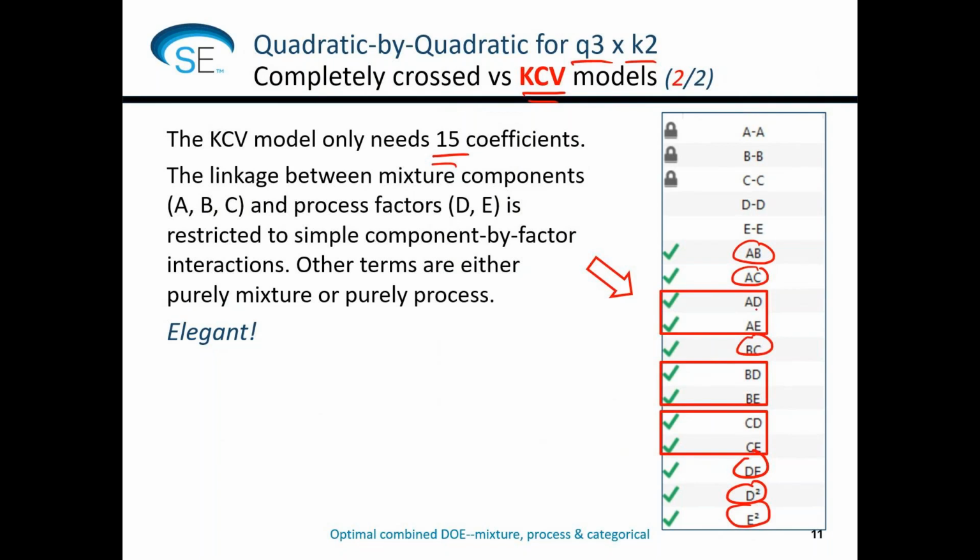And then it gives you simply the linear mixture terms crossed with the linear process terms, and nothing else. So in this case, 1, 2, 3, 4, 5, 6, 7, 8, 9, 10, 11, 12, 13, 14, 15. Much more elegant. And yet it preserves the combination terms that we see here in the red squares.